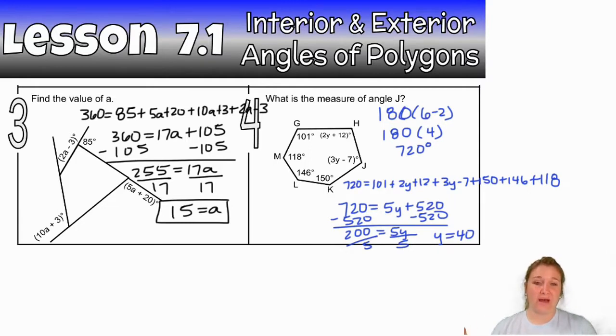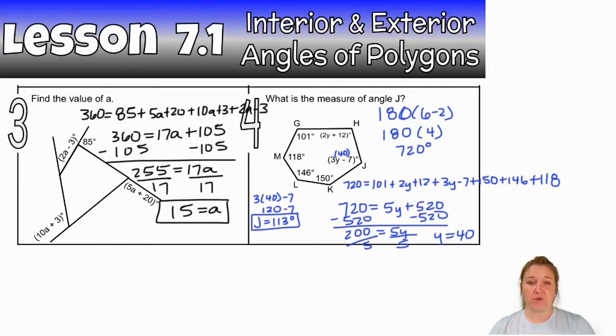It didn't ask for the value of y, it asked for the measure of J. So I know that y is 40, so I replace y with 40. I have 3 times 40 minus 7. 3 times 40 is 120 minus 7, and that's going to give me 113. And that's going to be the measure of angle J.